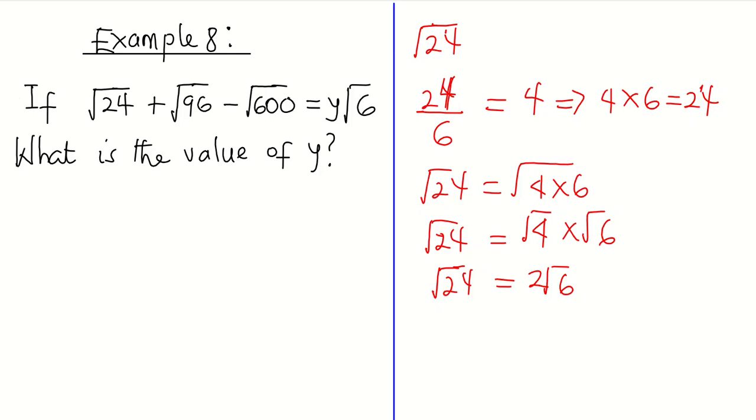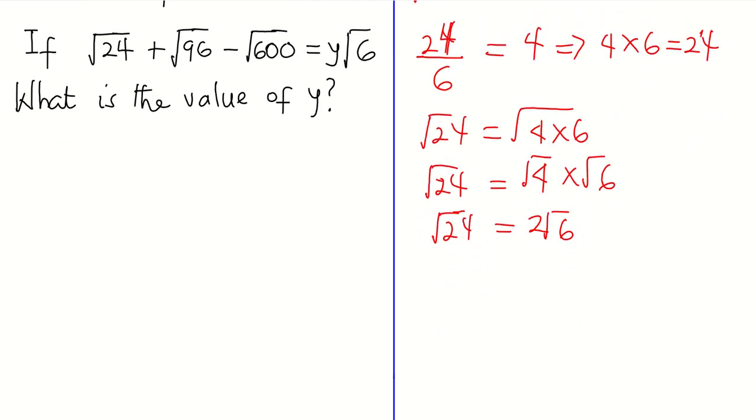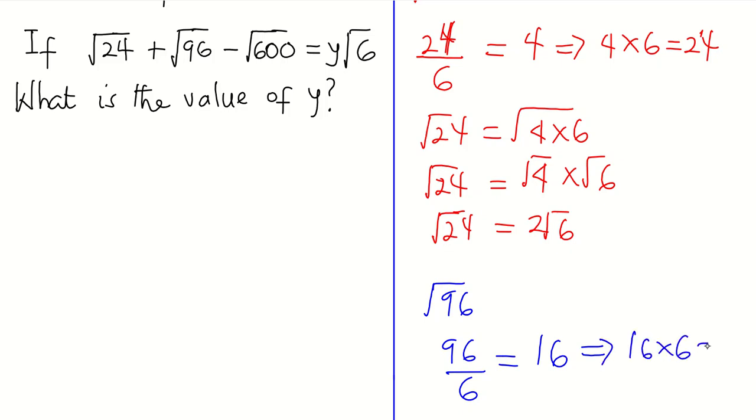Now we continue, and the next one is what we have here as square root of 96, which means you can divide 96 by 6, and we are going to get 16. Now this implies that if 16 multiplies 6, then we are going to get back our 96.